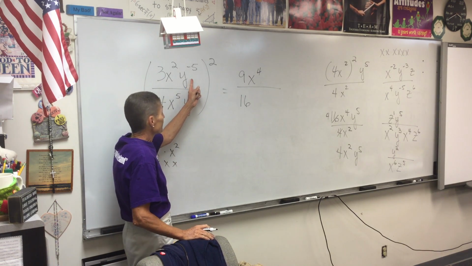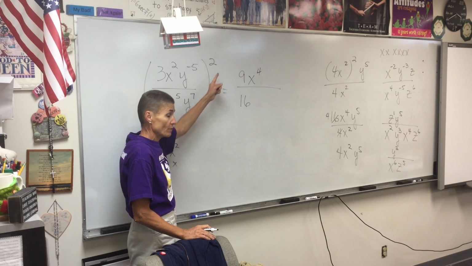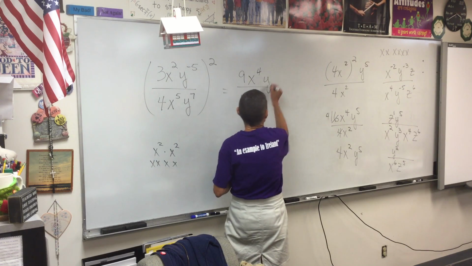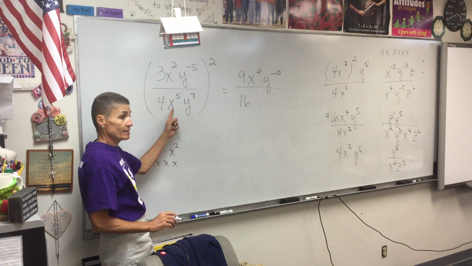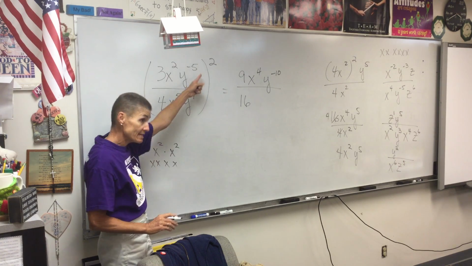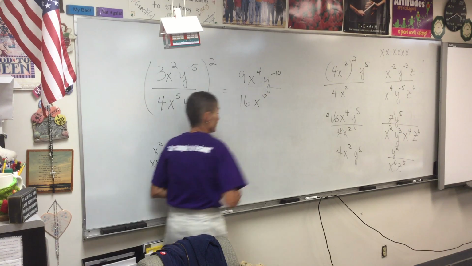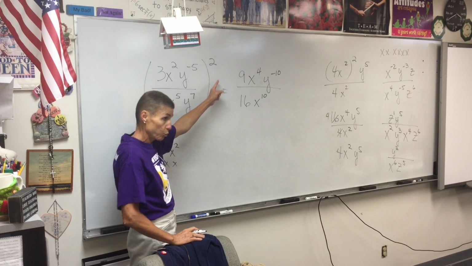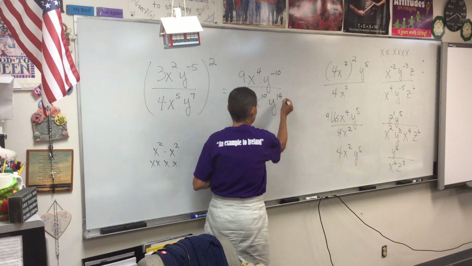So now I've got y to the negative 5th twice. So that's going to be y to the negative 10th. Now I've got x to the 5th twice. So that's going to be x to the 10th. And y to the 7th twice. That will be y to the 14th.